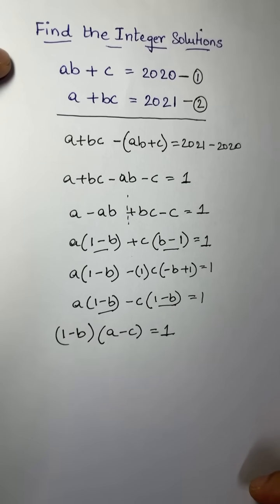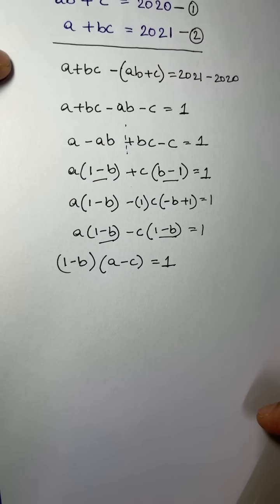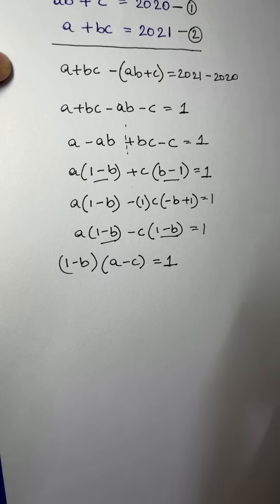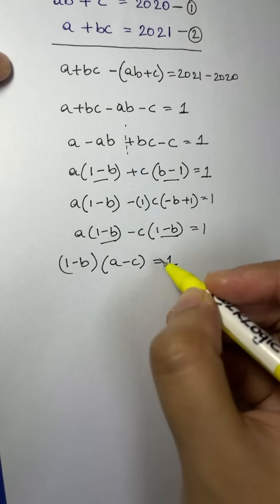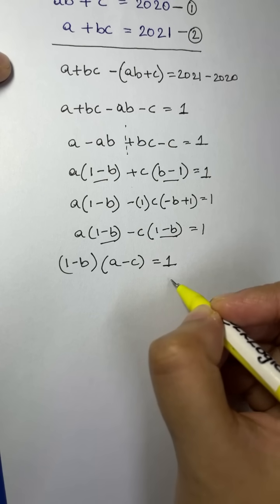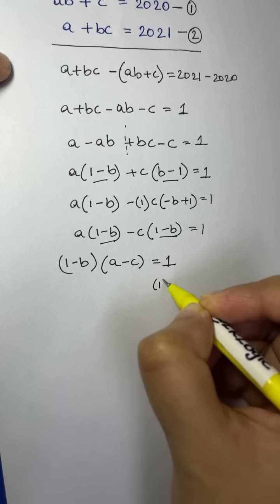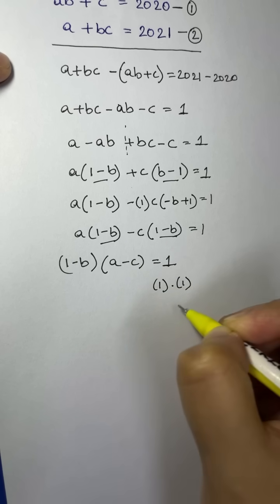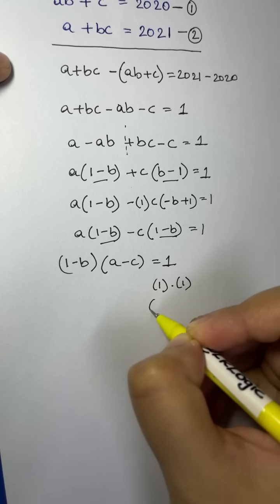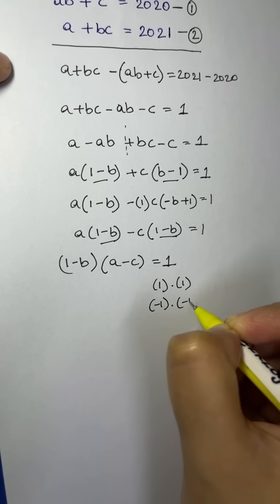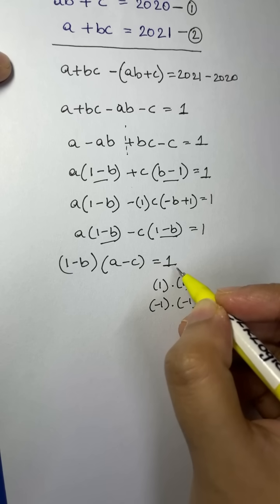Alright, so now we have solved this part. We have to find out the values of A, B and C. Basically your answer is 1, but it has two solutions: 1 times 1, and negative 1 times negative 1 also gives you positive 1.